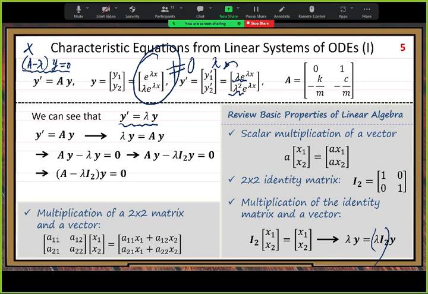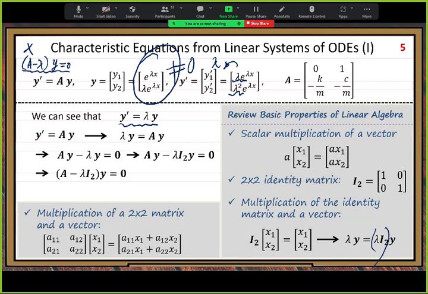After factorization, A minus lambda times the identity matrix, now the structure is the same, right? The difference of two 2 by 2 matrices: A is a 2 by 2 matrix, lambda times I2 is another 2 by 2 matrix. You take the difference, it's legal. That's the reason we need that I2.